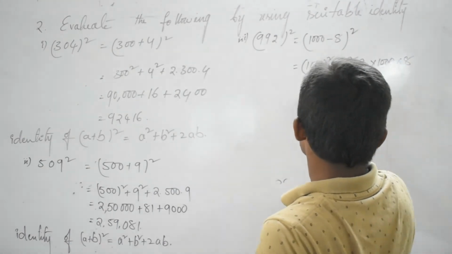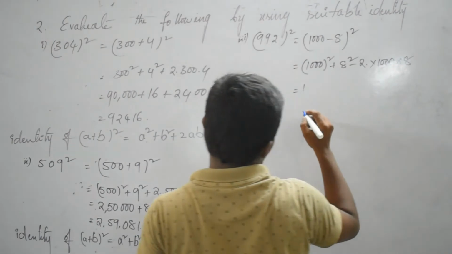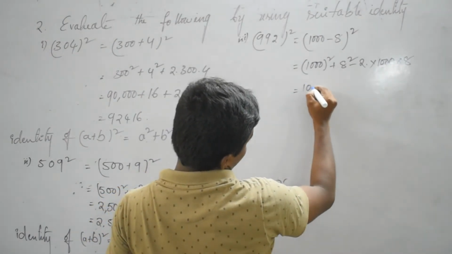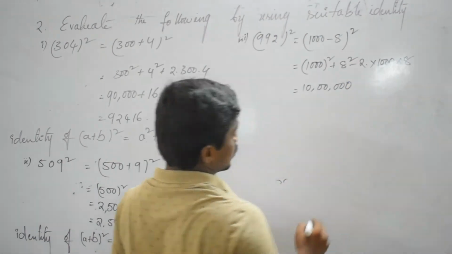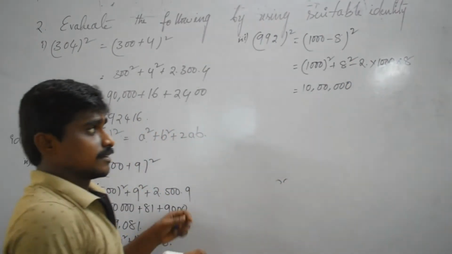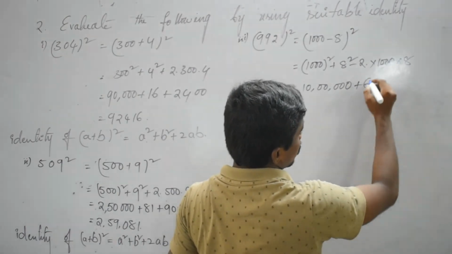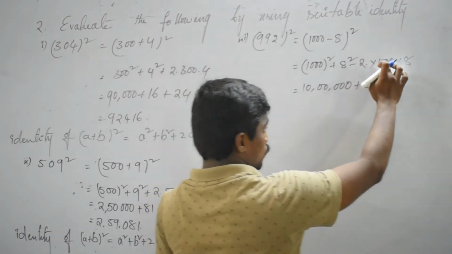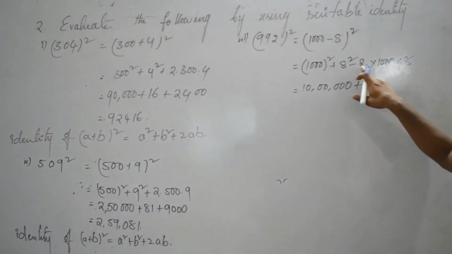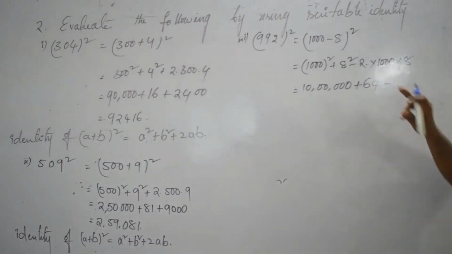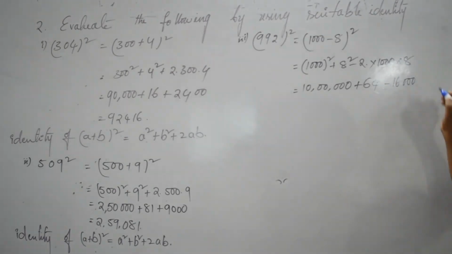So a square, 1000 square, 10 lakhs, plus b square, 8 square, value 64, minus 2 times 1000 times 8. How much? 2 times 8 is 16, 16 times 1000 is 16,000.